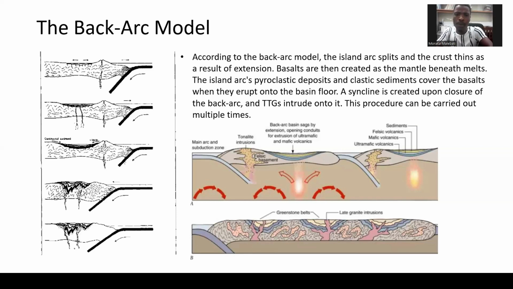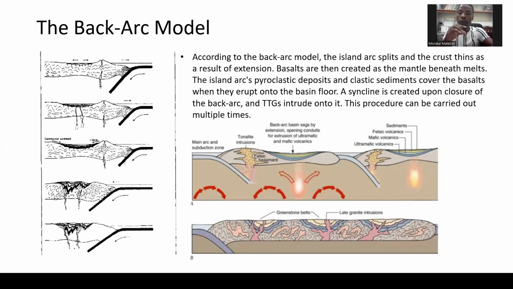Now, as they're extending, as they are stretching like that, creating planes of weakness, it is thinning the crust. If you check now, this was very thick, but because of extension, we are thinning the crust. The crust is thinned out.